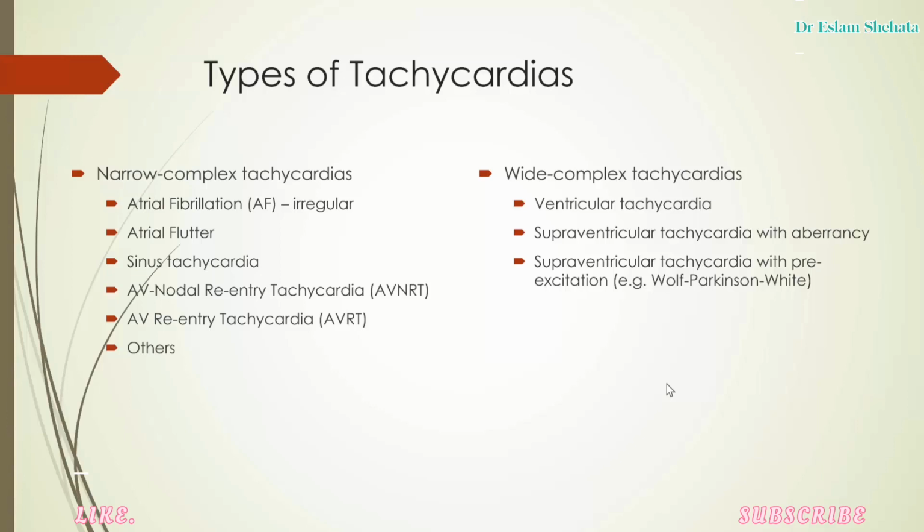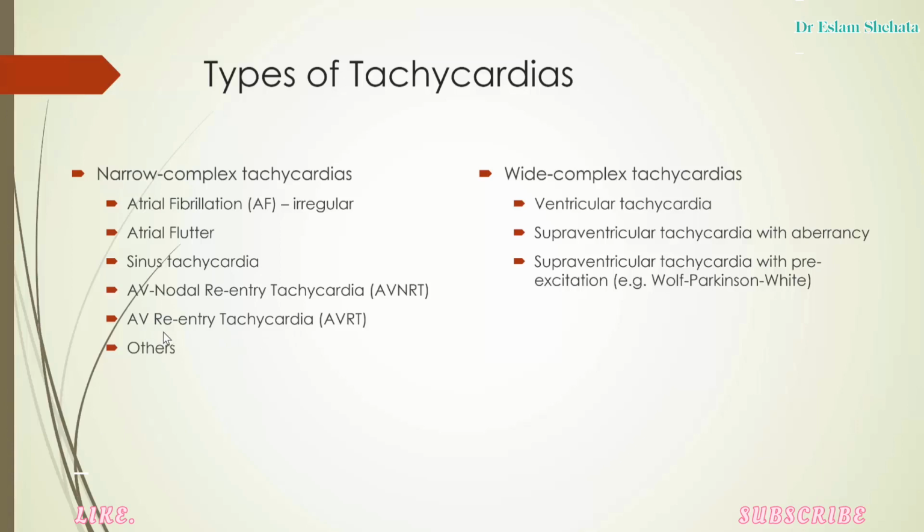So straight away we divide the list into narrow complex tachycardias and wide complex tachycardias. So some examples of narrow complex tachycardias would be atrial fibrillation, which is obviously irregular, atrial flutter, sinus tachycardia, AV-nodal re-entry tachycardia, AV re-entry tachycardia, and these two are different in that the re-entry circuit in AV-nodal re-entry tachycardia is entirely contained within the AV node, whereas in AV re-entry tachycardia, at least some part of that circuit does not involve the AV node.